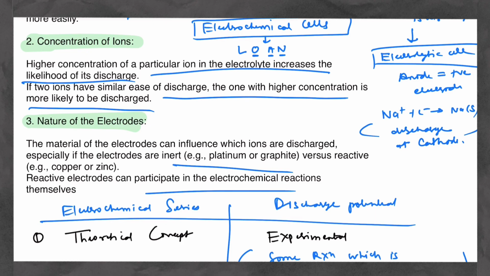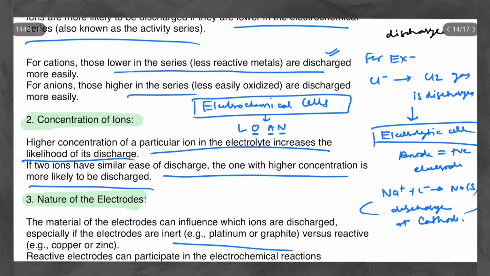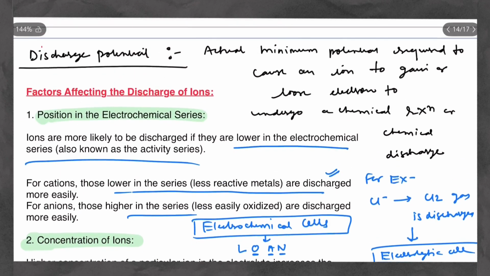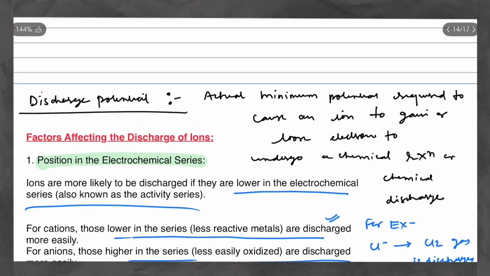In that case the actual required potential will change. That's why we say the electrochemical series only tells about reactivity, but the discharge ability is explained by the discharge potential, which depends on these three factors. So this is our concept, discharge potential. Thank you so much.